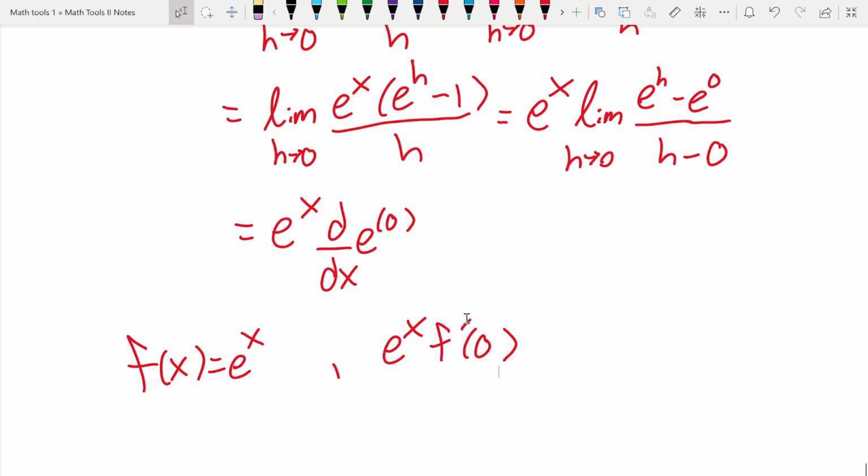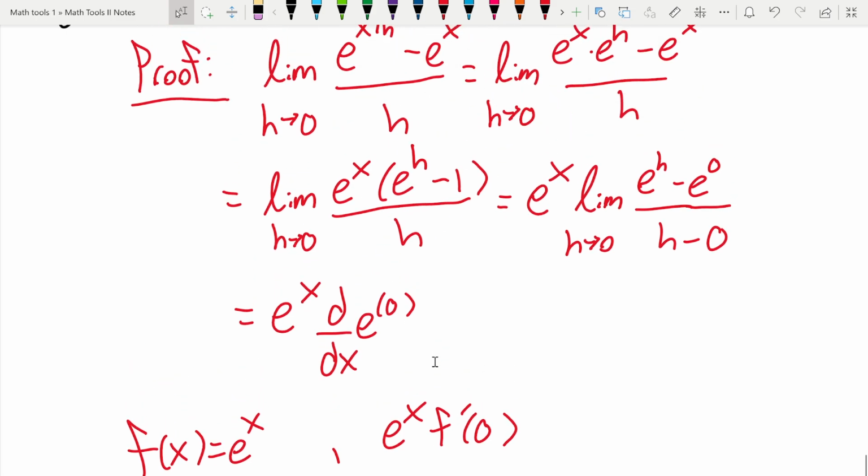The general process then is to approximate this point via the graph or via a table. And then you'll see that this point right here is 1. And then this is just 1 times e to the x. So then you just have the e to the x part.